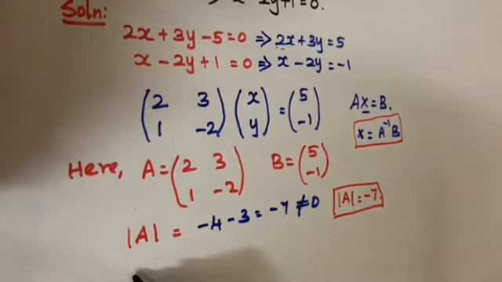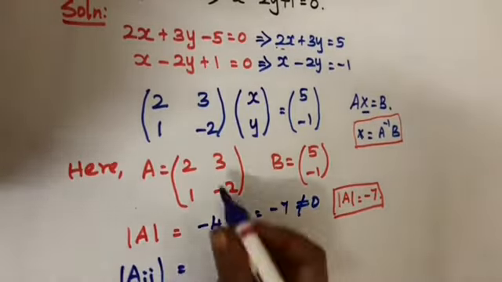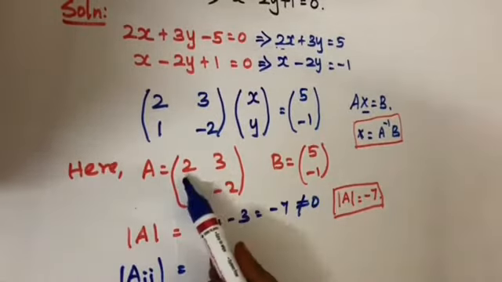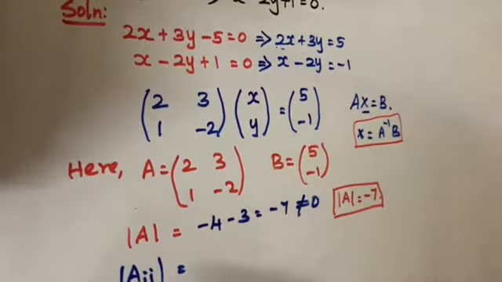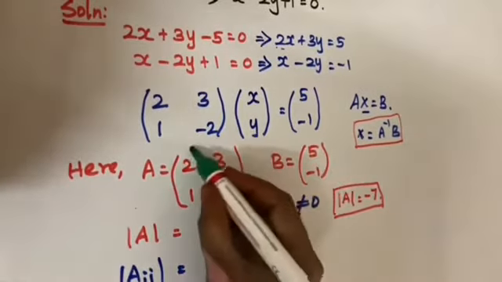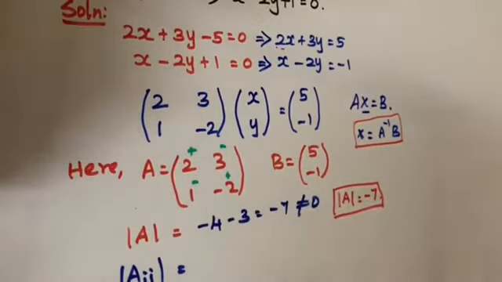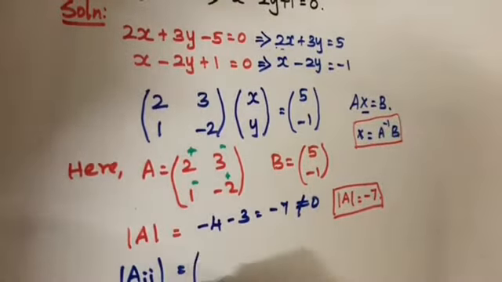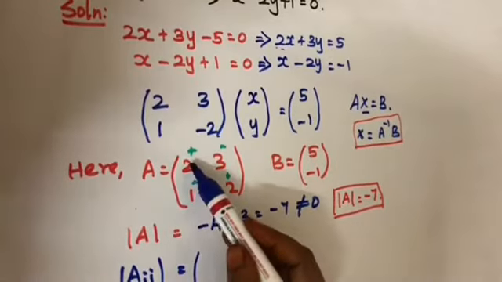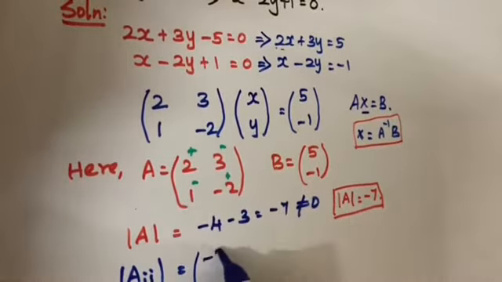Now adjoint. First we will write Aij, the cofactor matrix. While writing the cofactor matrix, the signs should be plus, minus, minus, plus. For 2, the cofactor is minus 2.